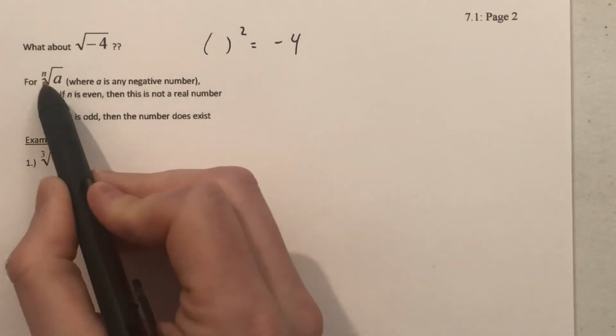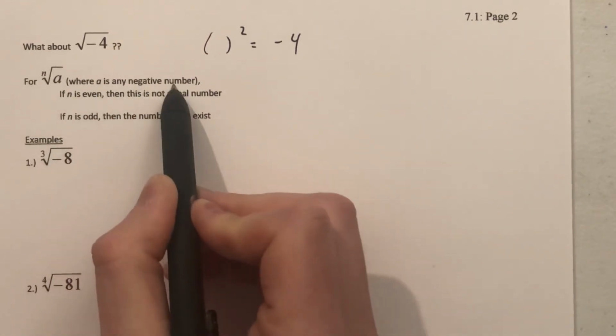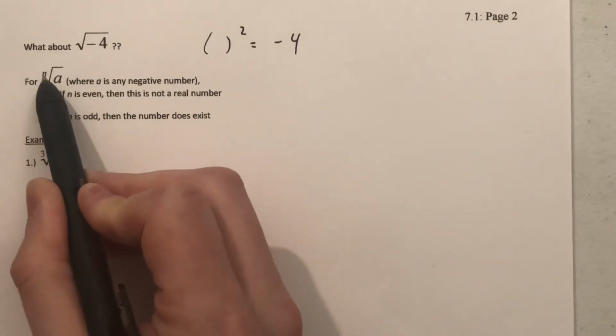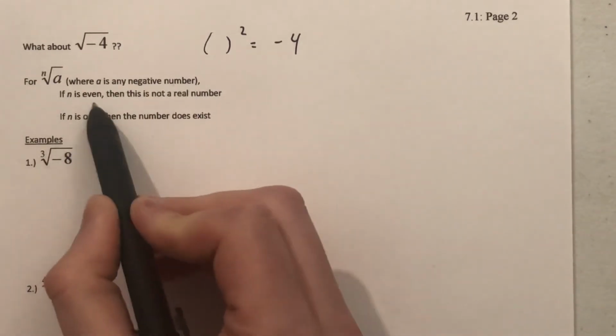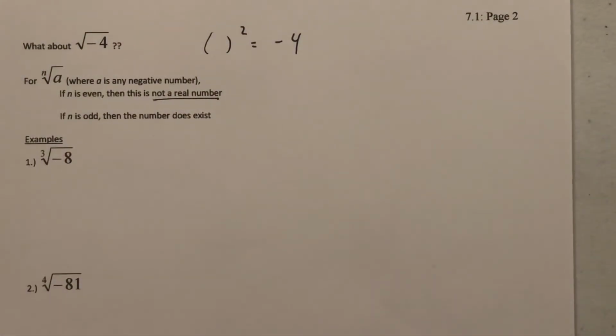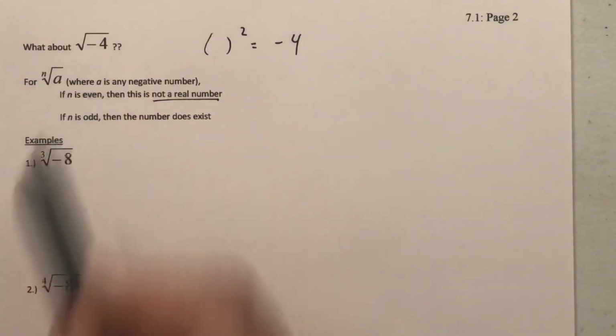So we can extend that a little further and say that when you have an nth root of a, where a is any negative number, if n is even, whether it's a square root, fourth root, sixth root, then the result would not be a real number. Nothing that we know of in the real number system could be raised to an even power and give you a negative value.